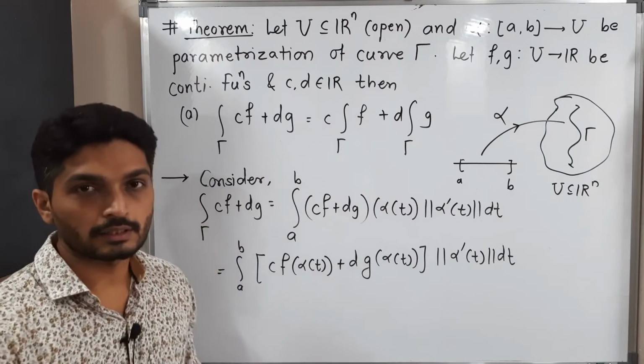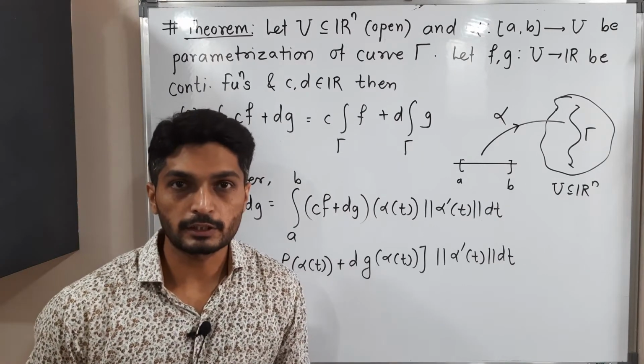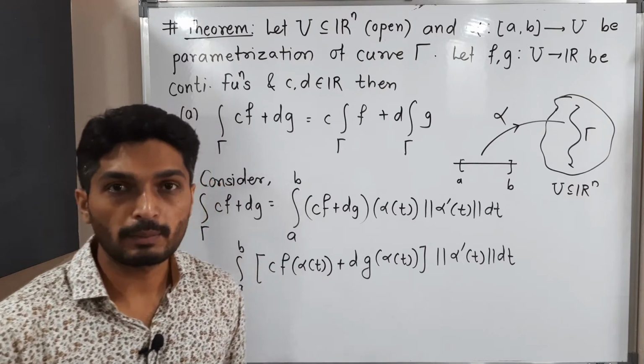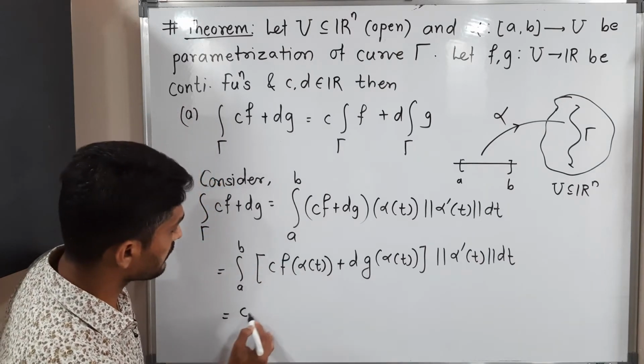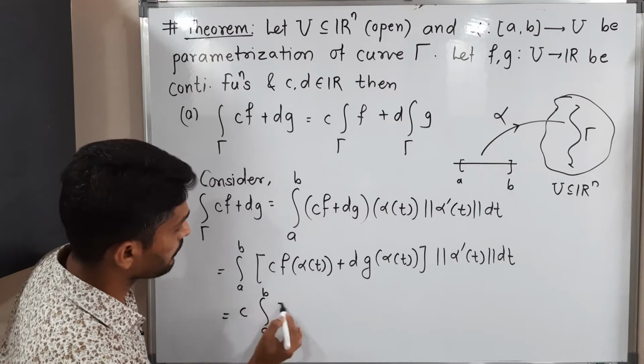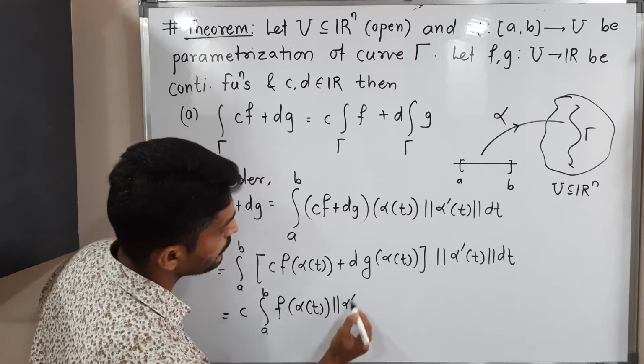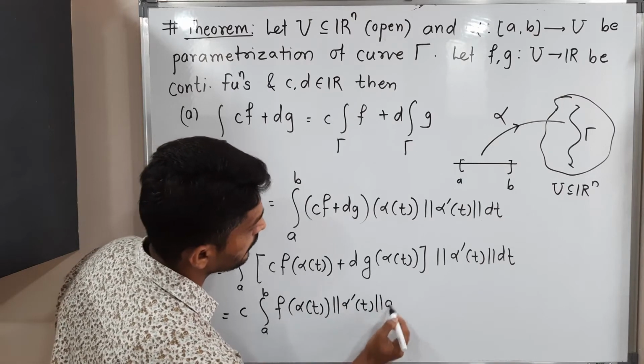So addition is there, get it? We can take separate integrations, and as c and d are constants, those constants will come outside. Therefore I can write c integration a to b f of alpha of t into norm alpha dash of t dt.